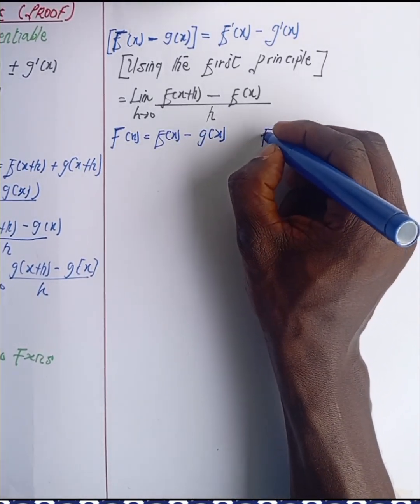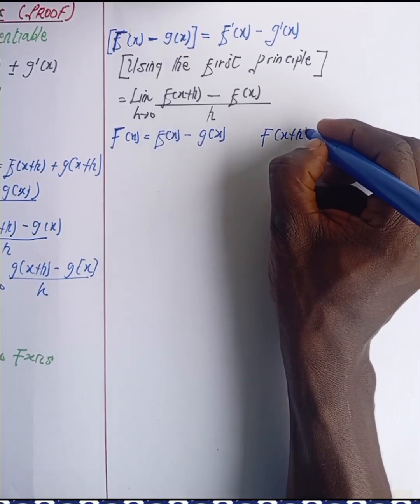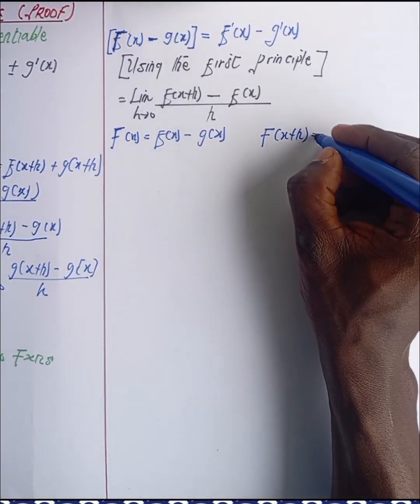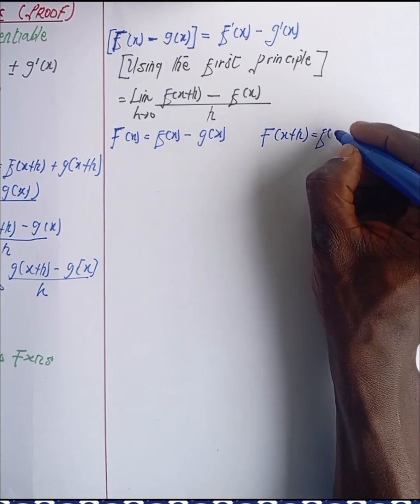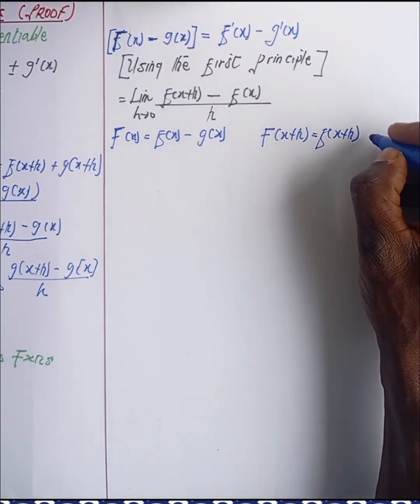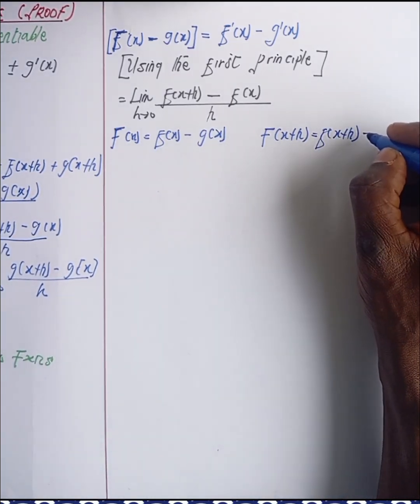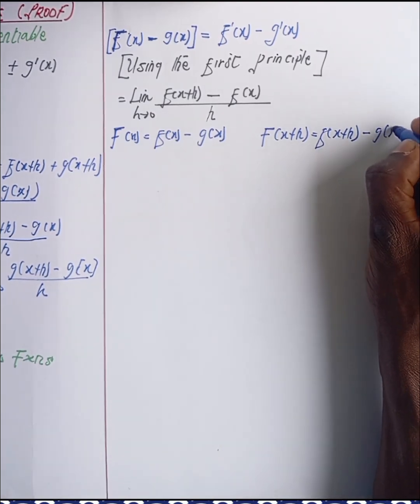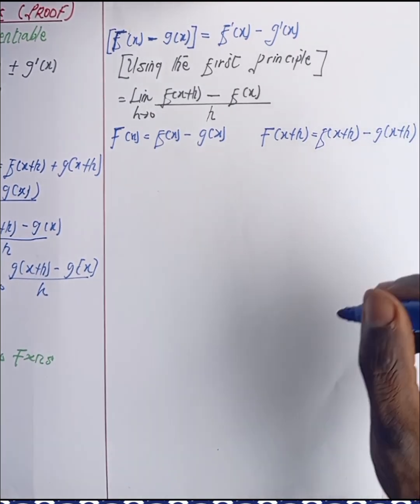And then our F at x plus h, that is the capital F, is going to give us small f at x plus h minus small g at x plus h.